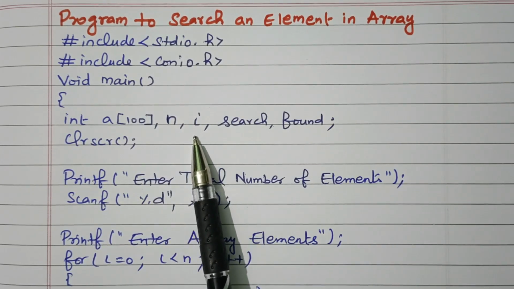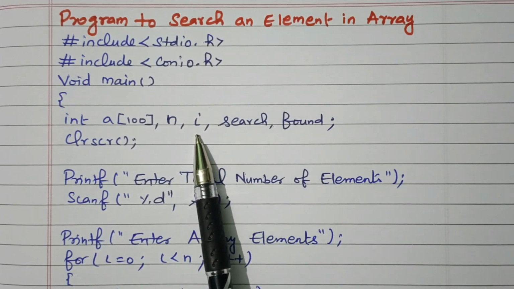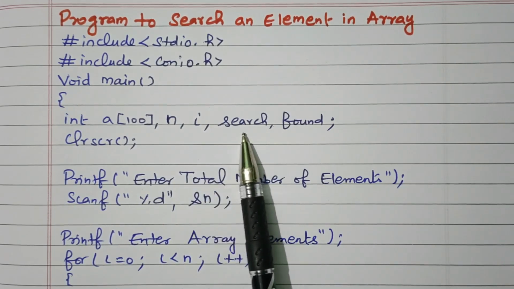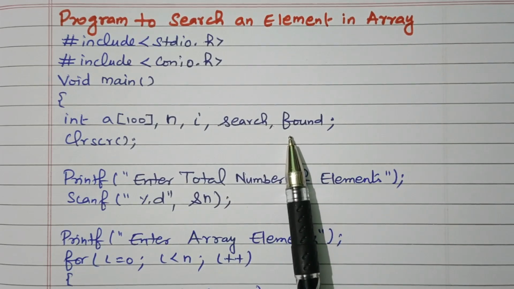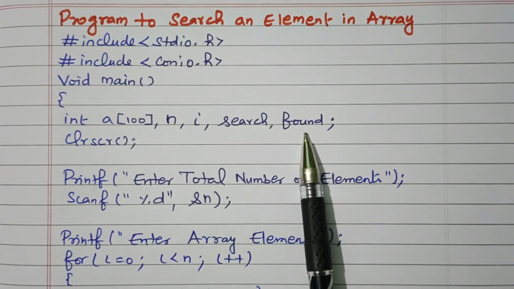For a single dimensional array we need one for loop. For that we declare the variable i. The variable search is the element we are going to search in the program; that is stored in search. If the element is available in the array, then we have one more variable, found, which we'll make equal to 1.